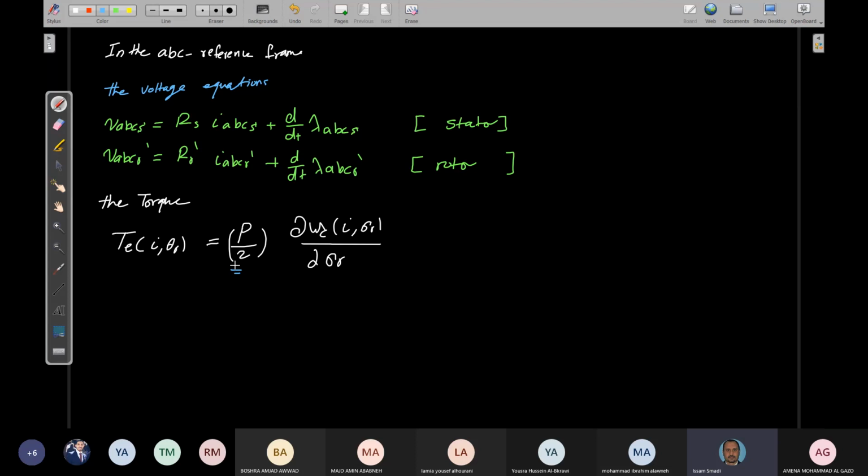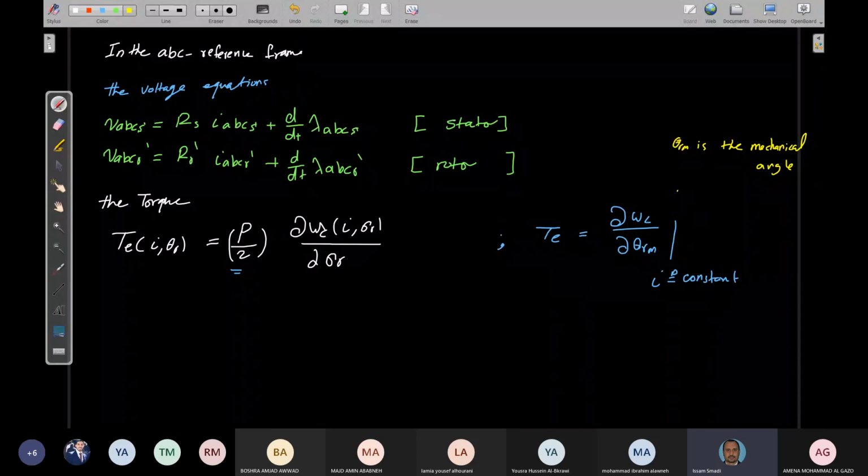Recall that in general, if I need to calculate the torque, it will be partial omega_c with respect to partial theta_rm, keeping i constant. Theta_rm is the mechanical angle, and theta_r is the electrical angle, and the relation in between is the number of poles over 2.